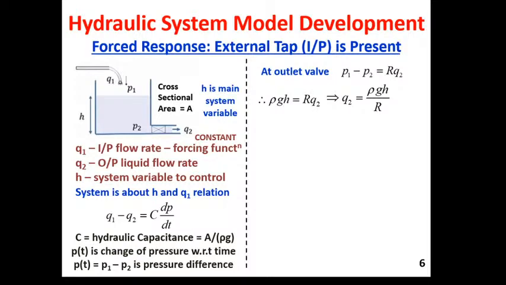So this top equation in the right column, the outlet valve pressure difference equal to hydraulic resistance multiplied by flow rate, is the same as V1 minus V2 equal to R into I.